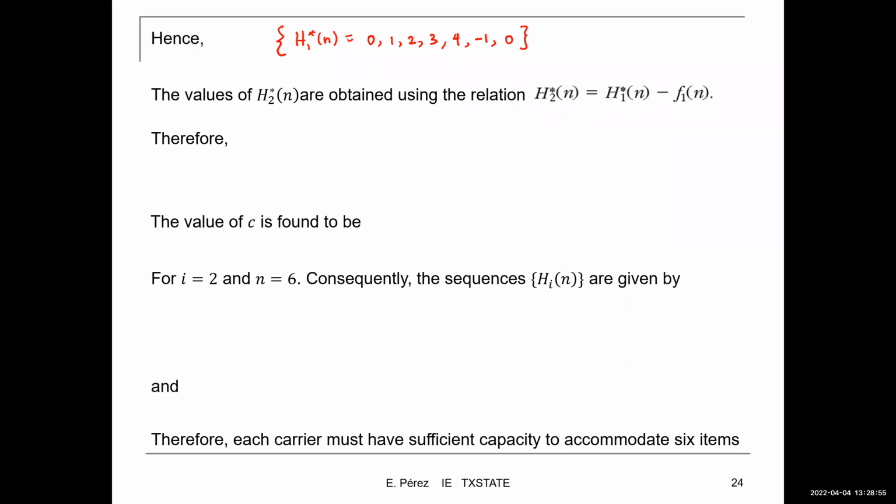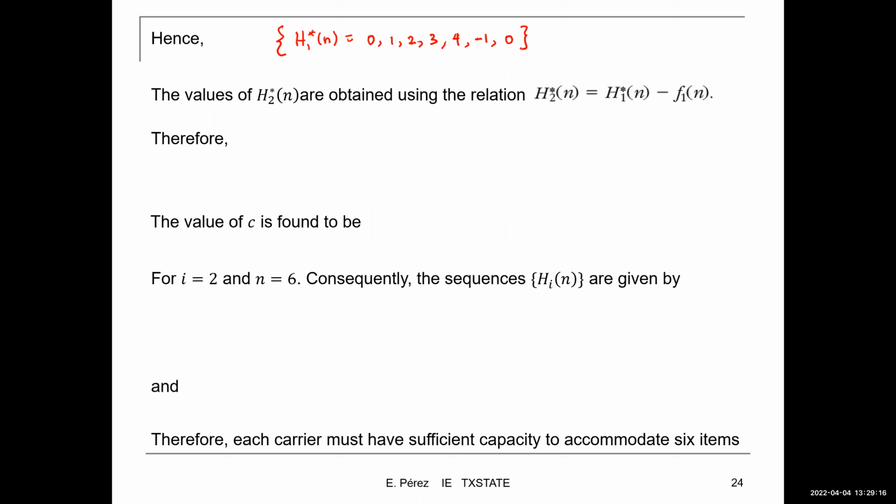And those are in order of n, right? So H1 star of 7, the last one, is 0. We found them in a different order, but you had to sequence them based on the n value. So we have that.